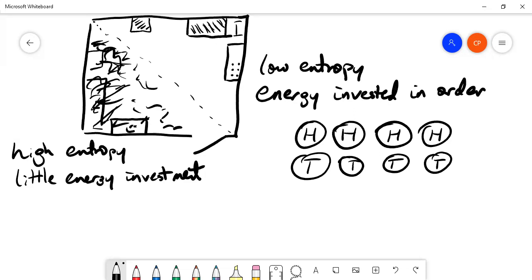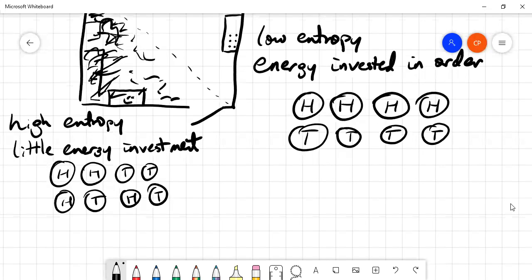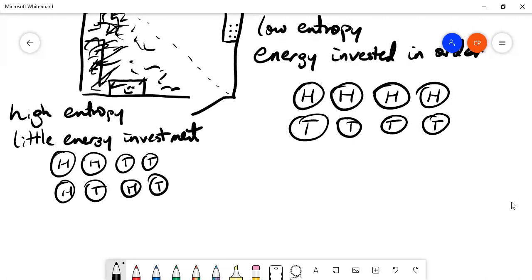But when I do the random flip and let chance take over, I can come up with heads, heads, tails, tails. Or I can come up with heads, tails, heads, tails. Or I can come up with, I'll just go dot, dot, dot, many other possibilities. And the mix of possibilities of heads and tails is disordered.